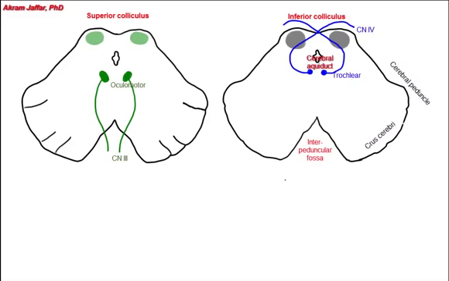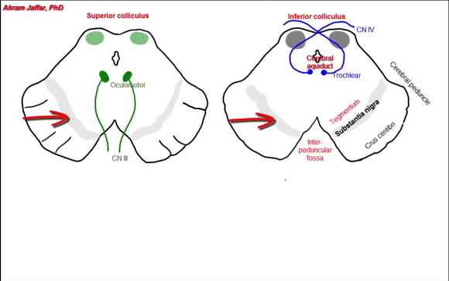Each cerebral peduncle is divided into an anterior part, which is called the crus cerebri, and a posterior part, the tegmentum. This division is done by a pigmented band of gray matter, which is called the substantia nigra. The substantia nigra is present at all levels of the midbrain, so we can find it at the level of the superior and inferior colliculus.